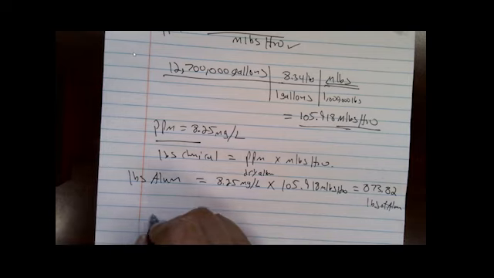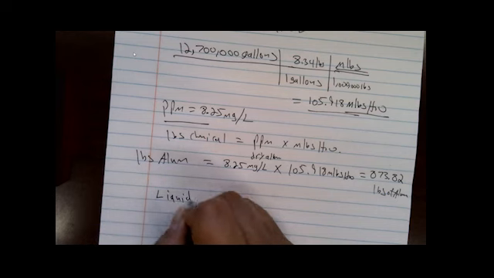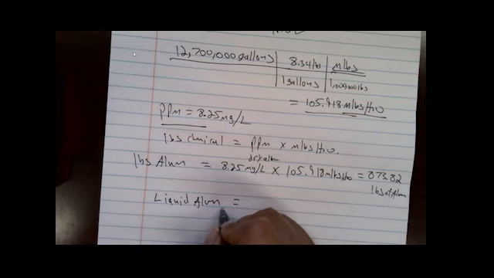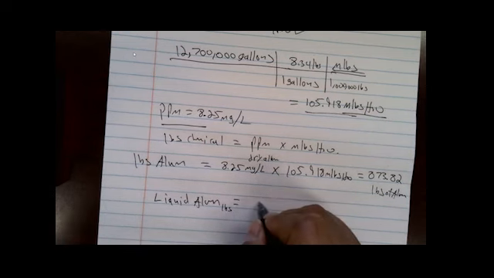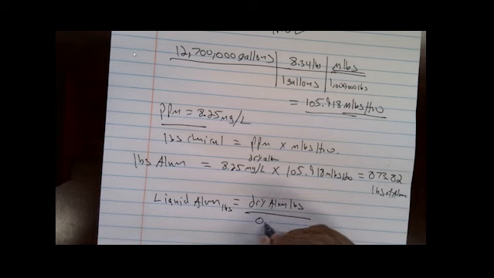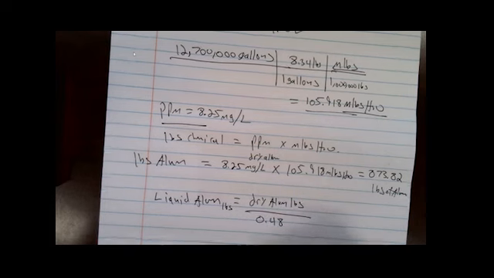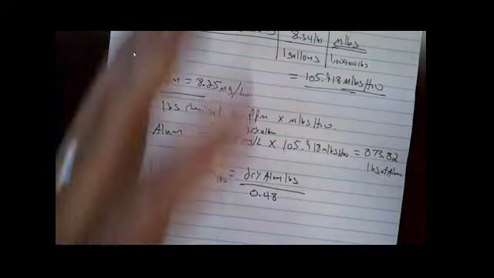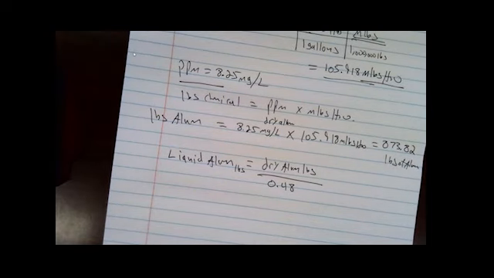So we know that for the liquid alum, we're going to have the dry alum pounds divided by the 0.48, or the percent, right? Now, why is this? Because we're given in the problem statement that the dry alum percent equivalent is 48%.